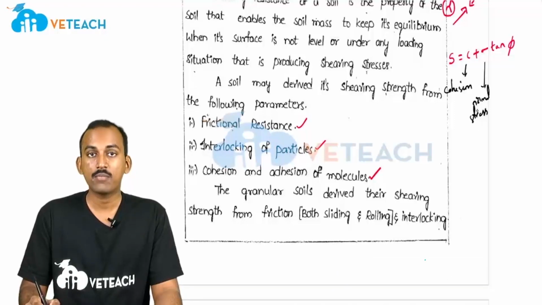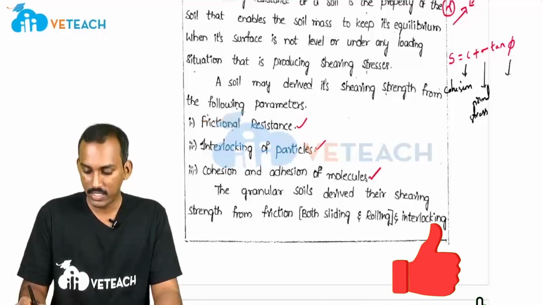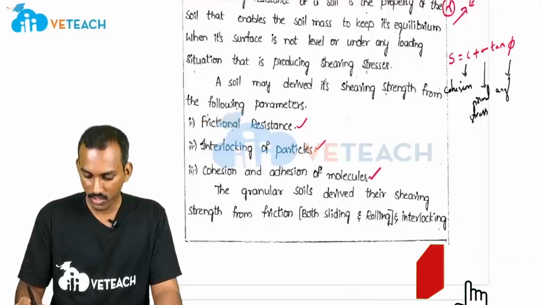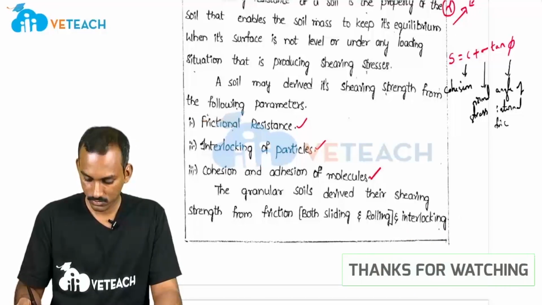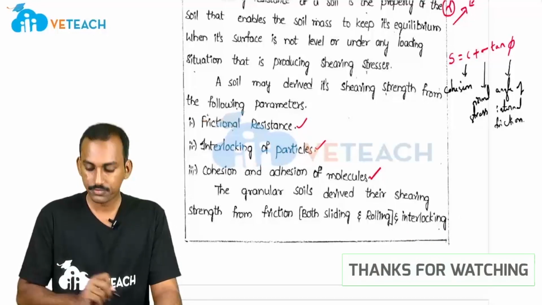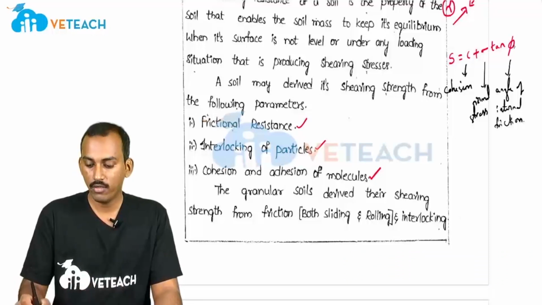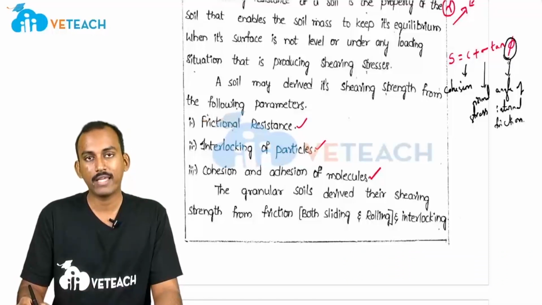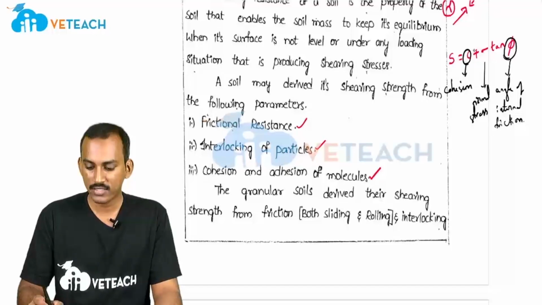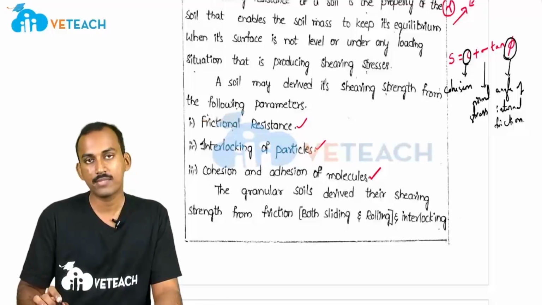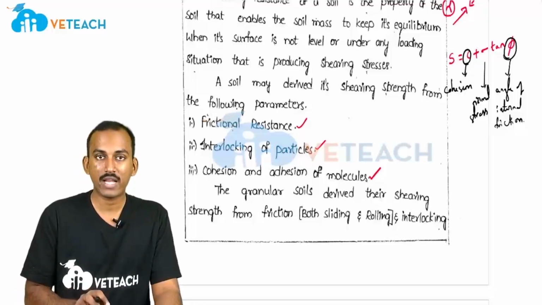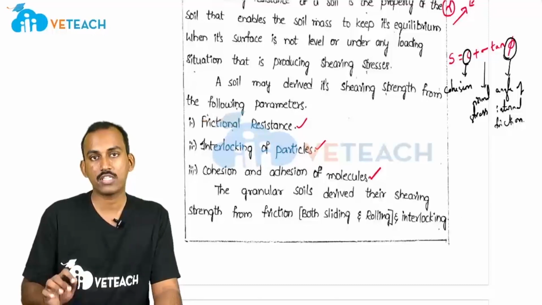So this is the normal stress, normal to the plane, and phi is nothing but the angle of internal friction. So in this equation we have two parameters, one is phi, the angle of internal friction, another one is C, cohesion. In case of cohesive soils, the C value is maximum. In case of granular or coarse grained soils, the phi value is maximum. So these two are the major parameters contributing to the shear strength of the soil.